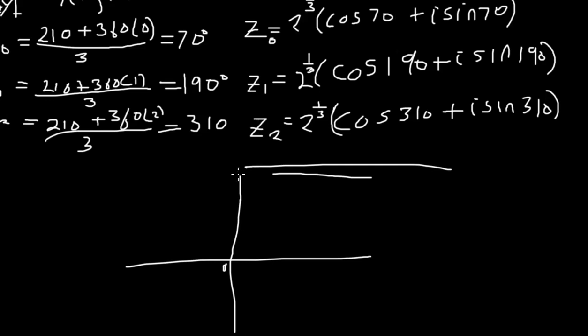So you draw a circle of radius the magnitude, this 2 to the power 1 over 3, which is just the same as the cube root of 2. I'll draw a circle first. So this circle is going to be like this.